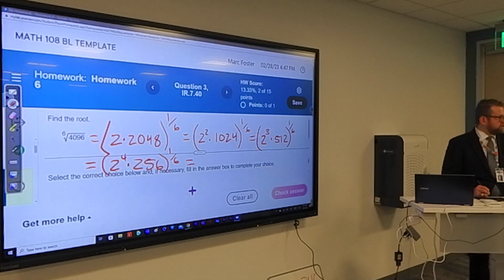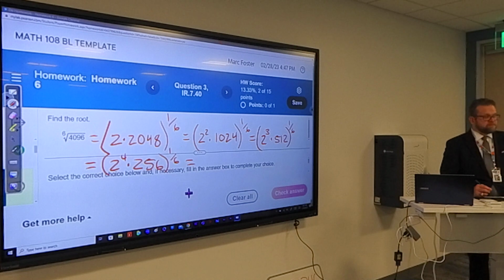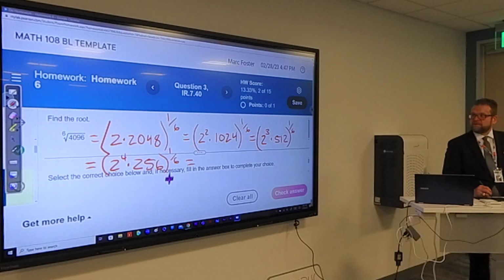Do we know 256? It's 32 what, squared? Okay. What is the significance of these numbers? Yeah, but there's something even more pronounced.